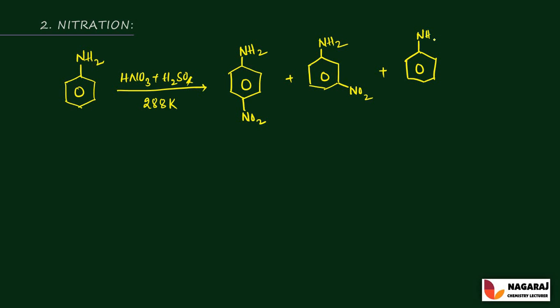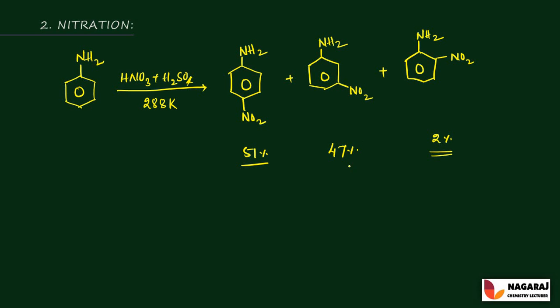So it is NH2 and it is NO2. However, the percentage of the para product is 51% and the percentage of meta product is 47% and the percentage of ortho product is just 2% because of the repulsion between the NH2 and NO2.